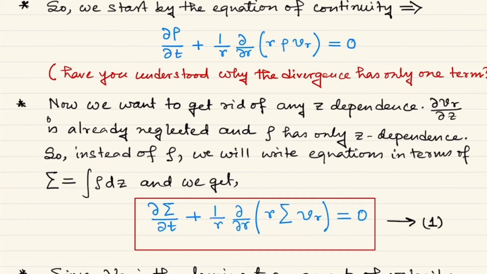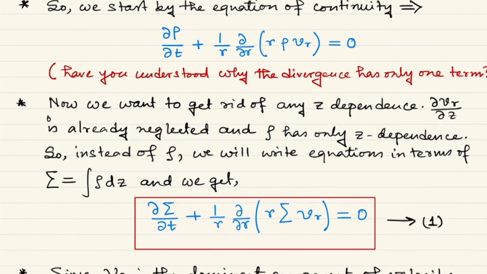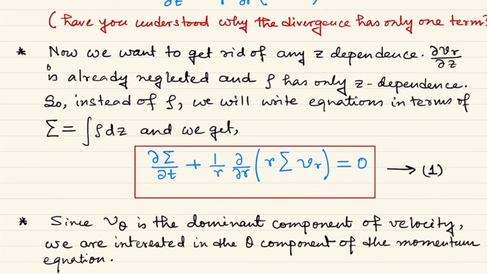Okay, so this is a good exercise to do at home. Up to this point, we are using assumptions, but we are not compromising anything with mathematical rigor. So up to this is mathematically exact.